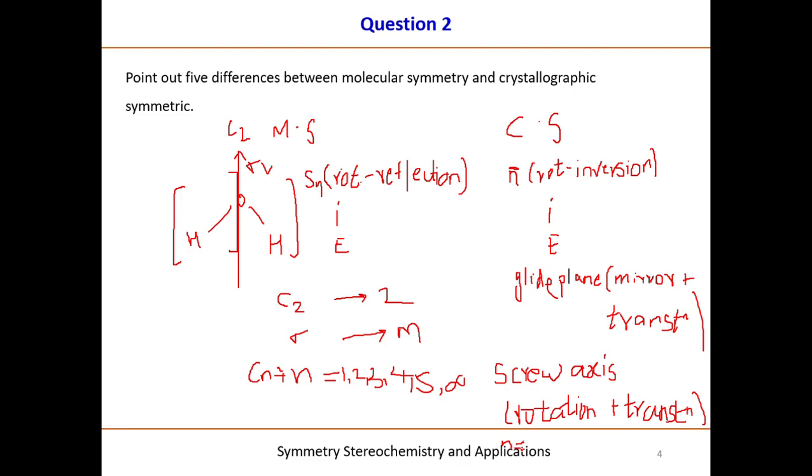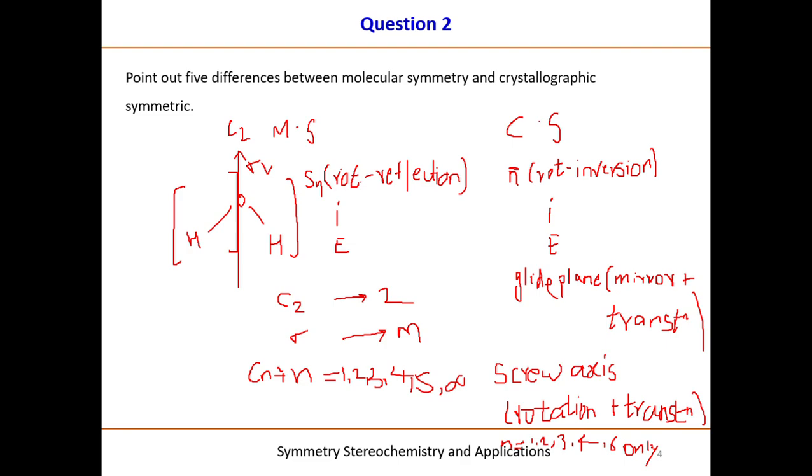So in crystallographic symmetry, we have n equal to 1, 2, 3, 4, 6 only.